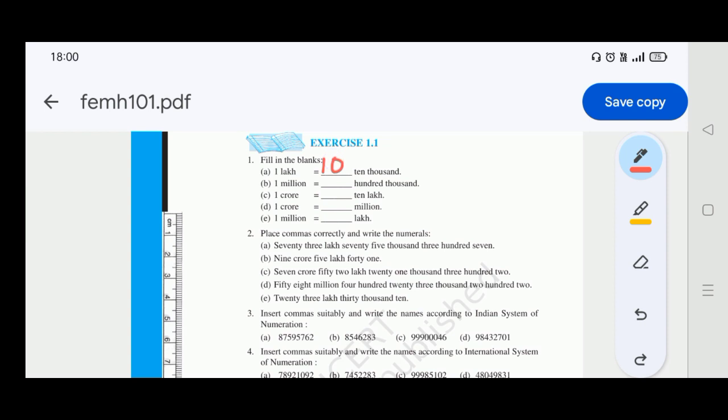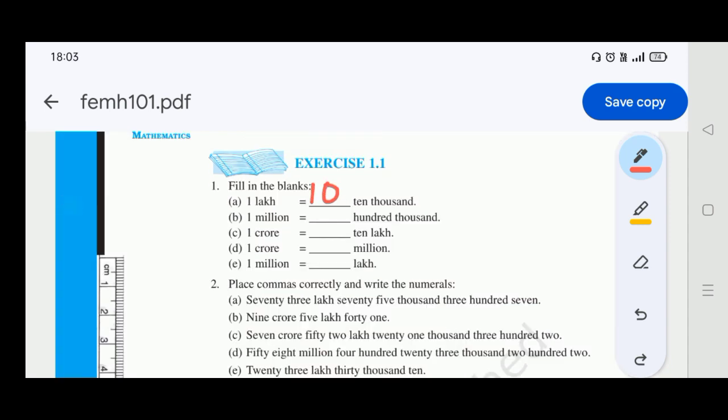Similarly, 1 million is equal to how many 100,000? The second question B is 1 million is equal to blank 100,000. We know that 1 million is written like this. So we can write it as 10 times 100,000.